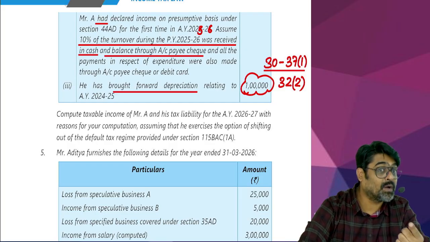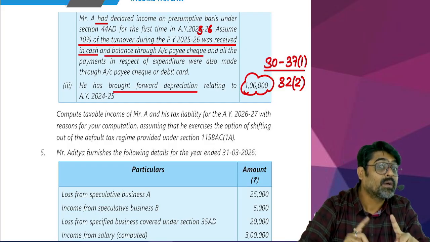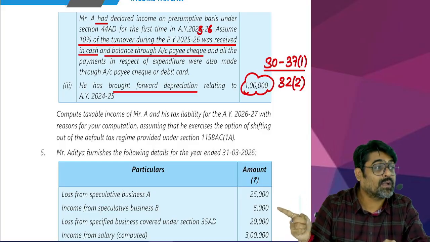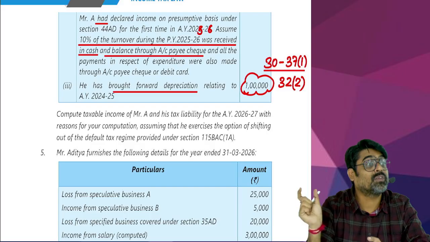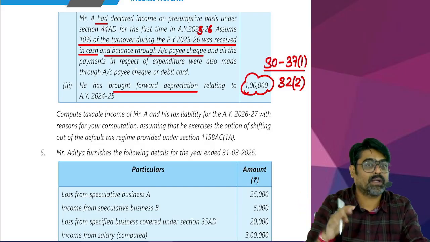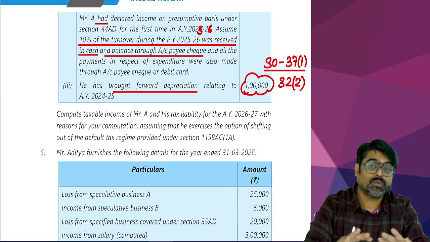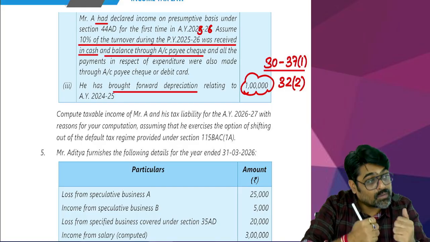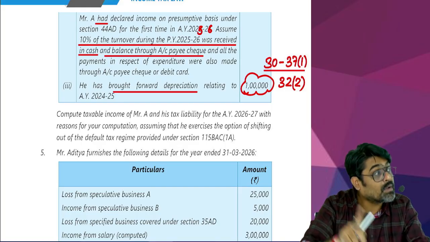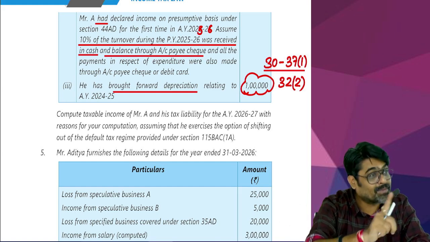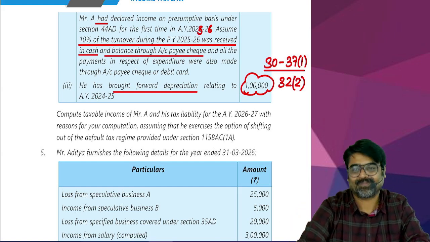But if you calculate your presumptive income, then from that presumptive income you cannot set off this unabsorbed depreciation, because this is allowed under section 32. All the deductions from 32 to 38 are assumed to have been claimed and allowed. So if we have assumed that it is claimed and allowed, then why allow it separately from your presumptive income? This unabsorbed depreciation will not be allowed.